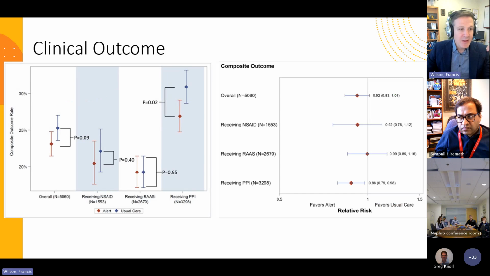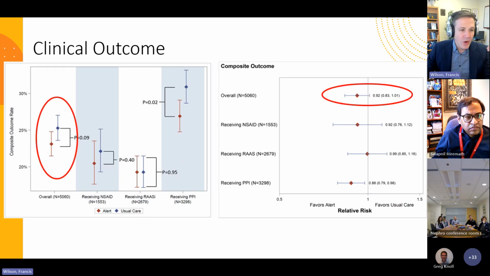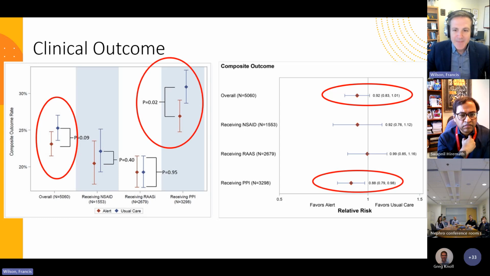Zooming over to the clinical outcomes, you can see overall that our composite outcome rate was improved in the alert group numerically. The relative risk is 0.92, but you can see this is not statistically significant. We did pre-specify, as you might expect, that we were going to look at each medication class on its own, the three trials in one.